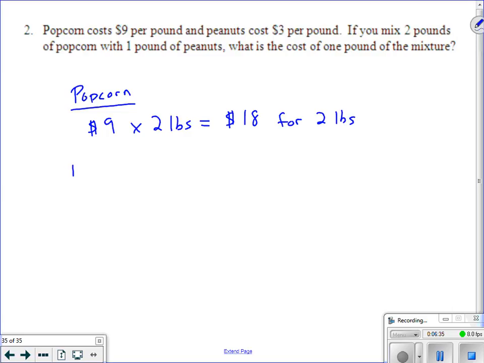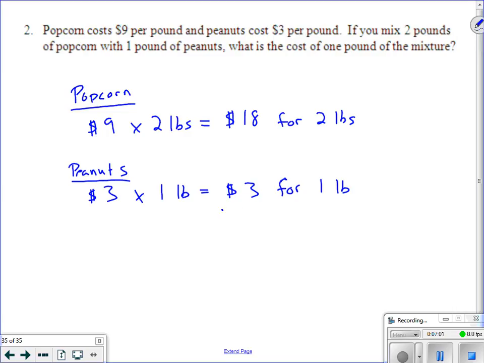Then we look at the peanuts. Peanuts are $3 per pound in this problem, and we're just getting 1 pound, so that's pretty easy. 3 times 1 is $3 for 1 pound.